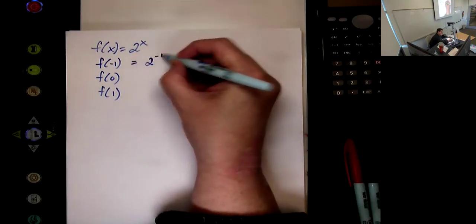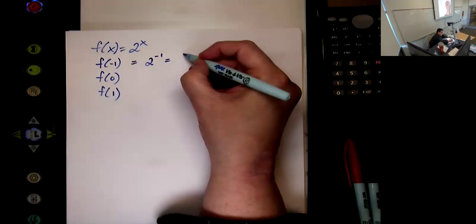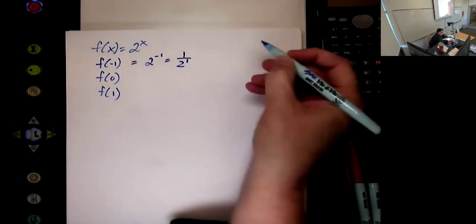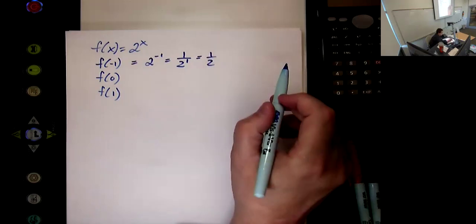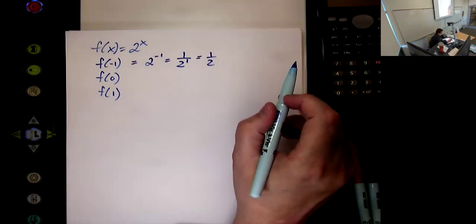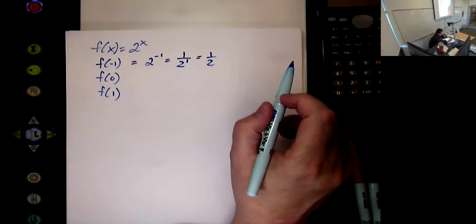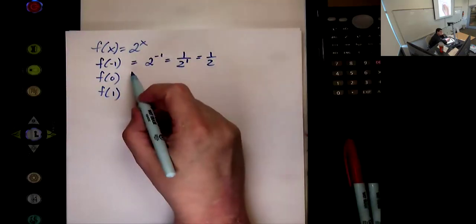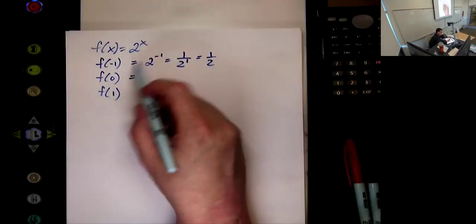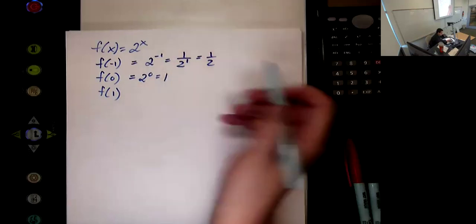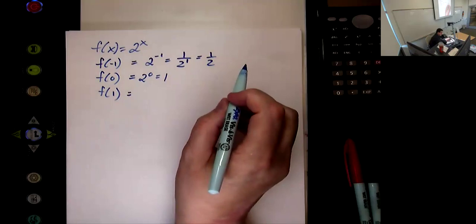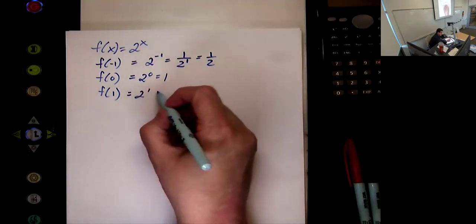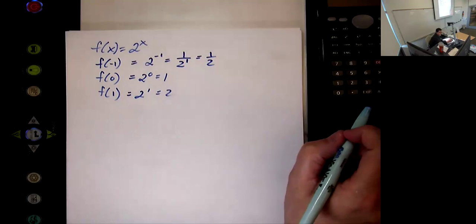This is 2 to the negative 1, which means we can move it to the bottom with the same exponent but positive, and that's just 1/2. By second, 2 to the 0 is just 1. And 2 to the first power is just 2. Not too bad.